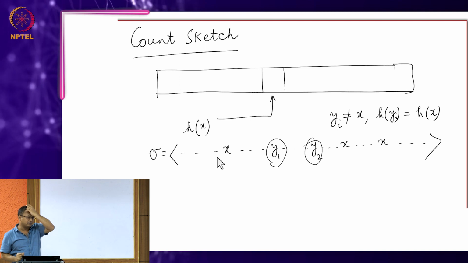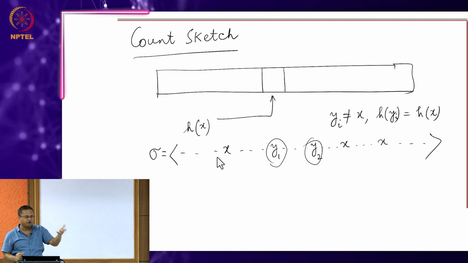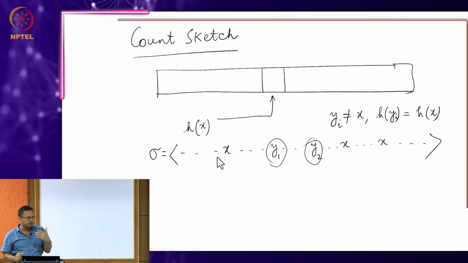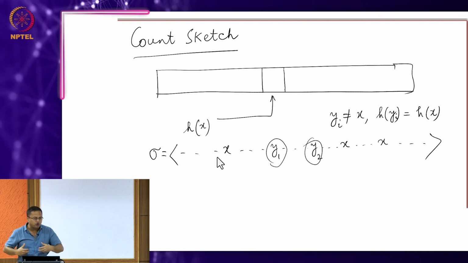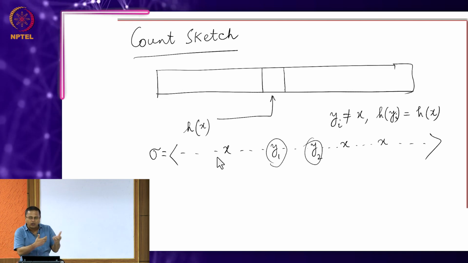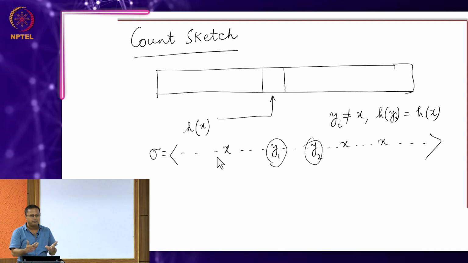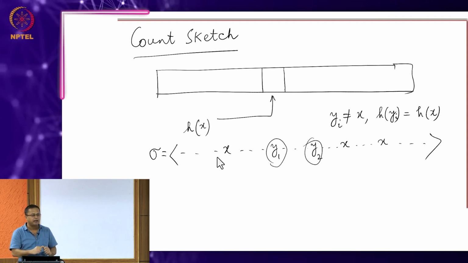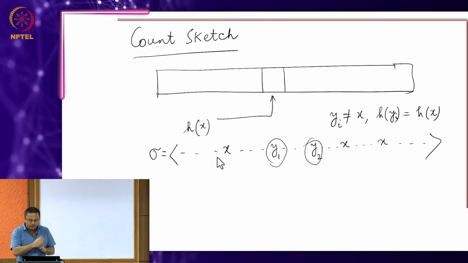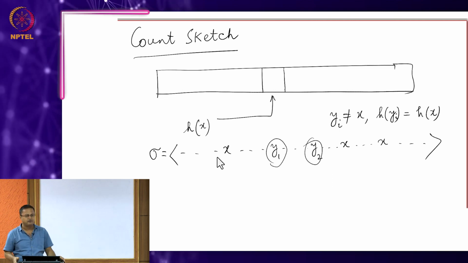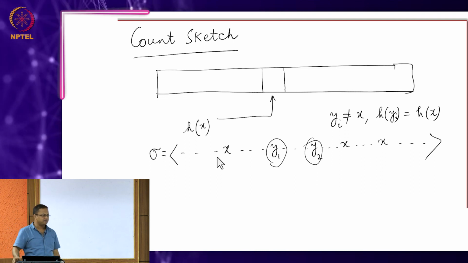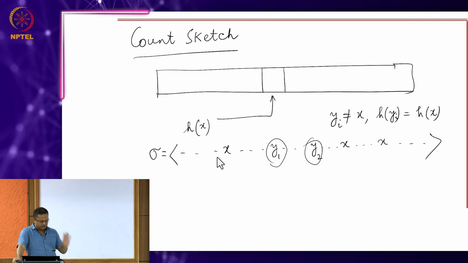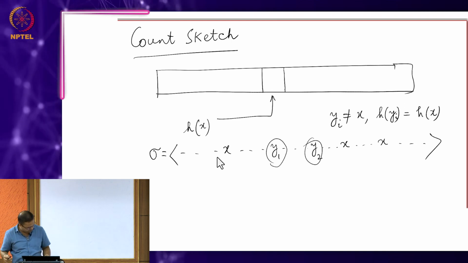So, instead of adding up or taking minimum, I would make the contributions that all other yi's make random, plus minus 1, so that some of the frequencies add up, some subtract, and in expectation everything goes to 0 apart from the count of x, right. So, that is the idea we will try to implement.